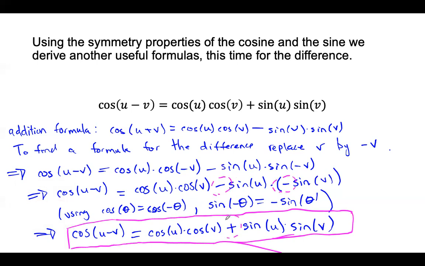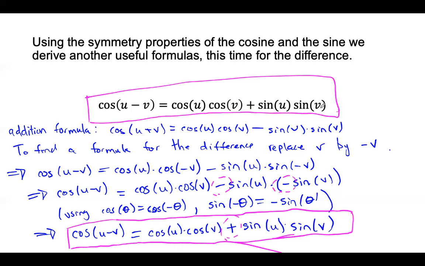This is why we got this positive here. So we just derived this. They're the same thing.